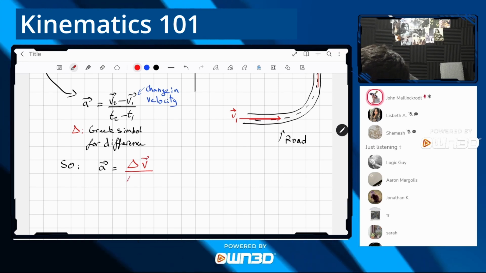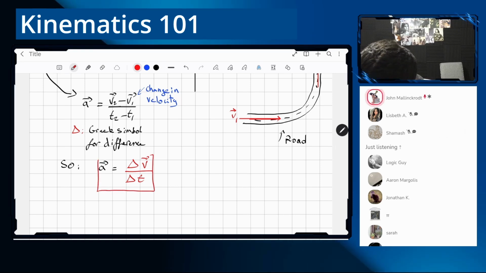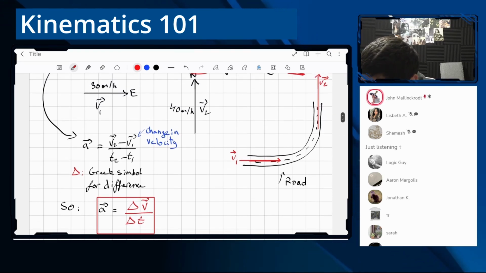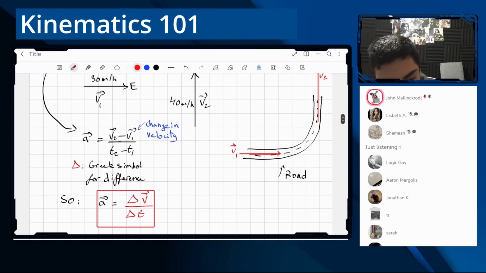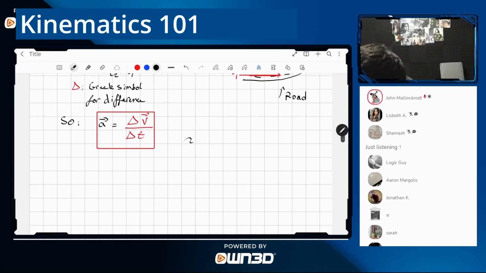So I start somewhere, I draw a little vector. It's got an arrowhead on it. To add a vector to a vector, I take my second vector and I start at the arrow tip of the first vector, and then I draw it from there. So draw your V initial, start somewhere, ends pointing out to the east, 30 miles per hour.